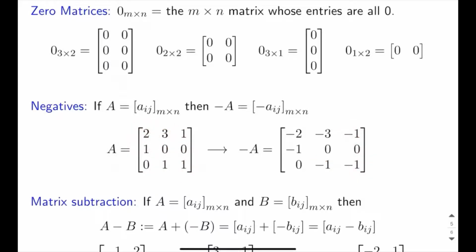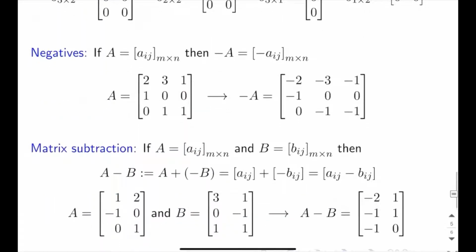If we have matrix addition, then we also have the matrix subtraction. If A and B are two matrices of the same size, then A minus B is in fact defined to be adding A with the negative of B. So we are going to add the entries of A with the negative entries of B. And that's just the entries of A minus the entries of B accordingly.